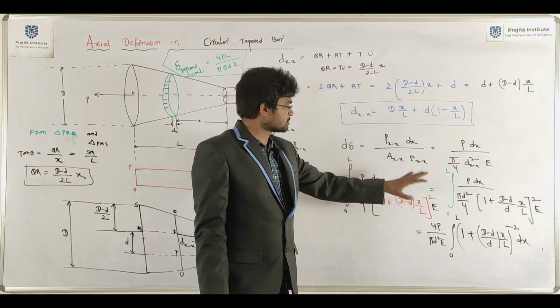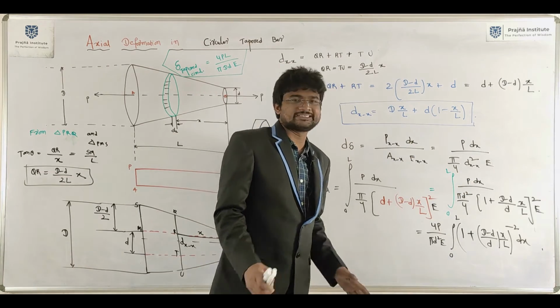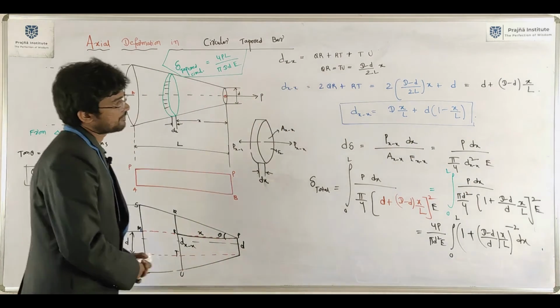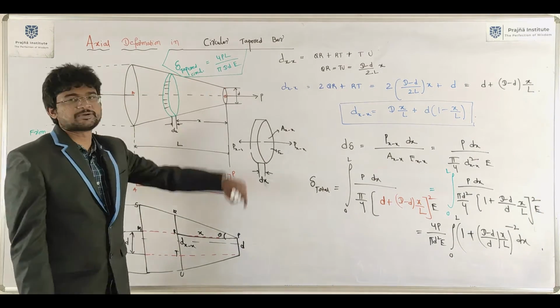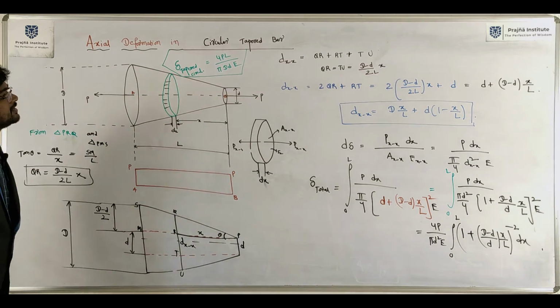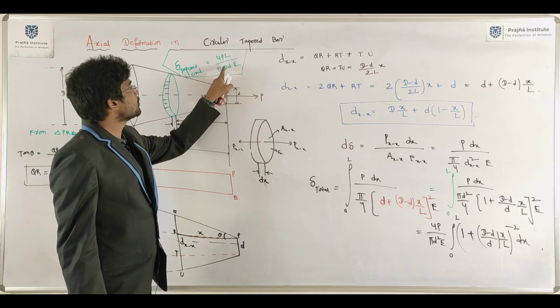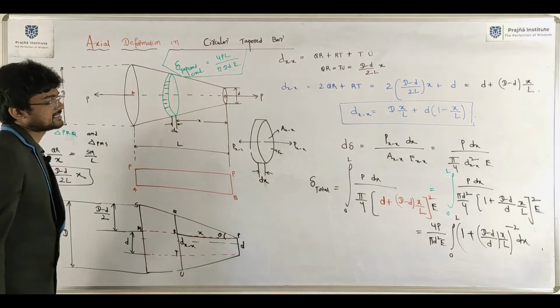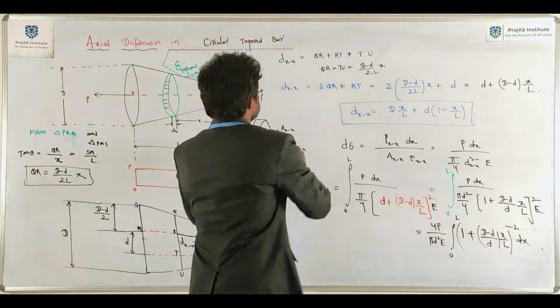Just substitute dxx here, then do some integration. That's it. Write down up to here. Finally you will get this expression. If capital D equals small d, then you will get 4PL by pi d square E. That's it. Write down up to here.